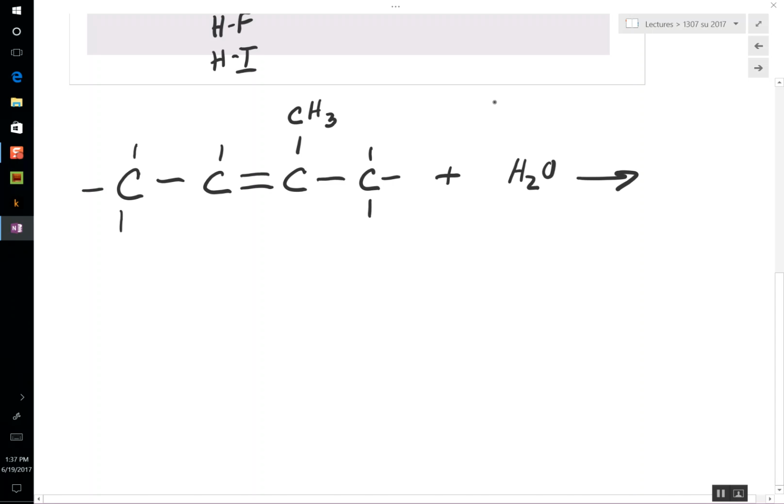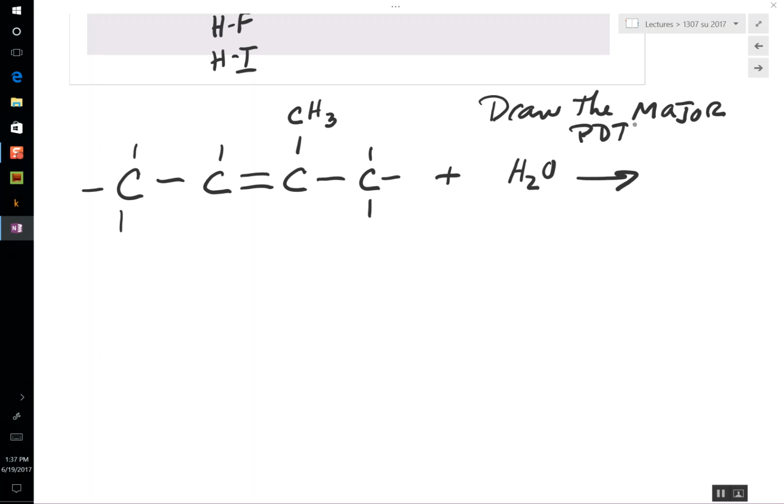Draw the major product of the hydration of this molecule here, which is 2-methyl-2-butene. What do you think will be the major product? Apply Markovnikov's rule.